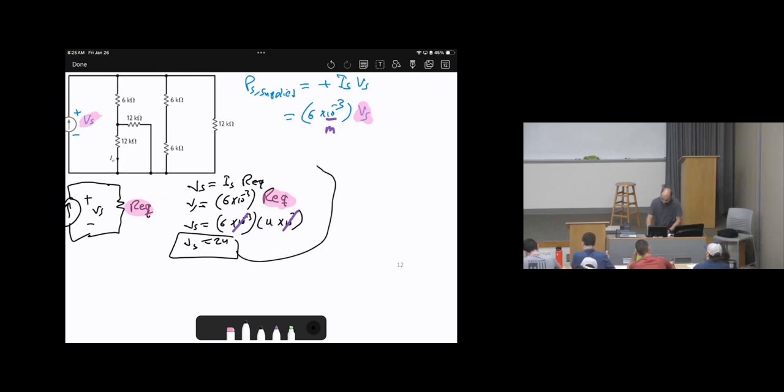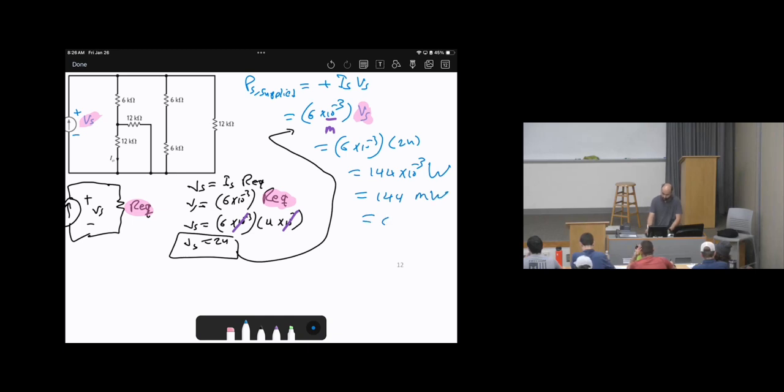So let's substitute this here. This will be 6 times 10 power negative 3 times 24. So the answer will be 144 times 10 power negative 3. What's the unit of the power? Watts. Don't forget to write this. As a shortcut, we can write it as 144 milliwatts, or if you want, you can write it as 0.144 watts.